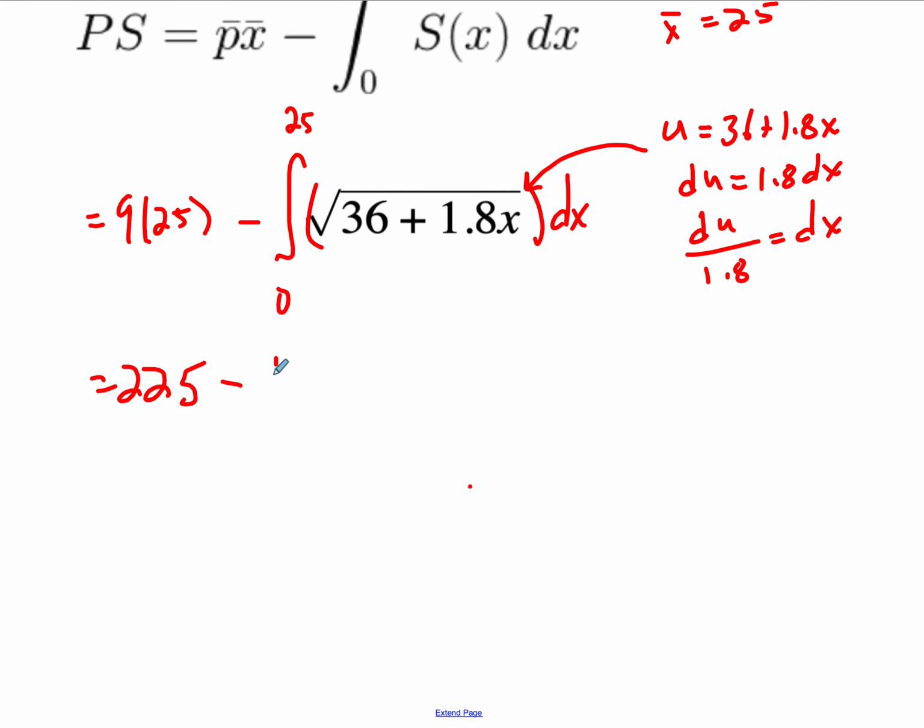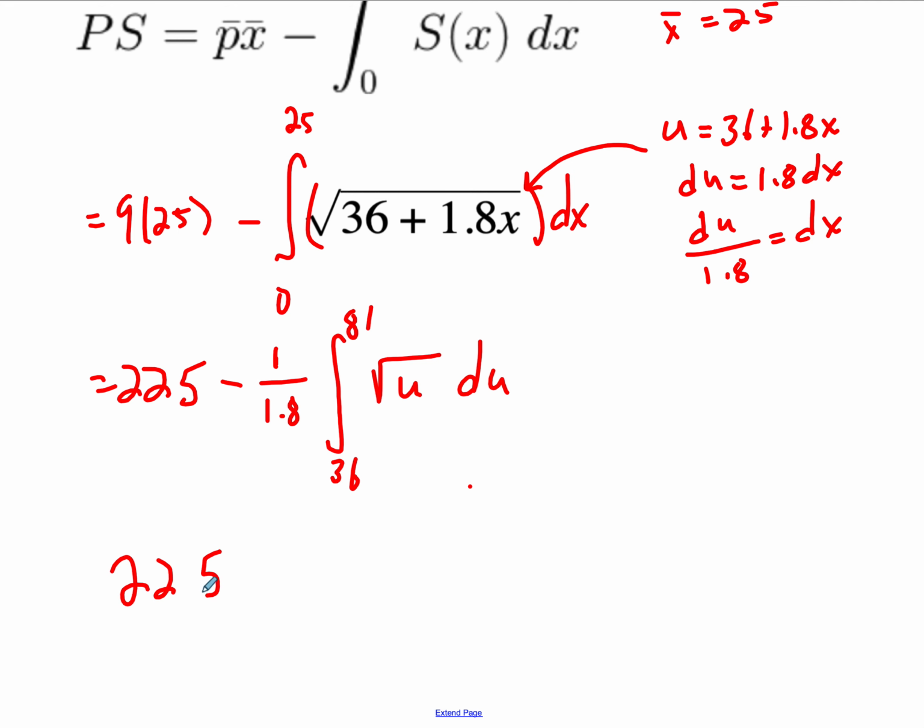So here I'll do my 1 over 1.8 because I have to take that 1.8 out as part of the substitution. So 81 goes up here because I get 81 when I plug in 25. And then I plug in 0, and that will give me 36, because it's 36 plus 0. Square root of u du. So that gives me 225 minus 1 over 1.8 times 2/3 u to the 3 halves from 36 to 81.